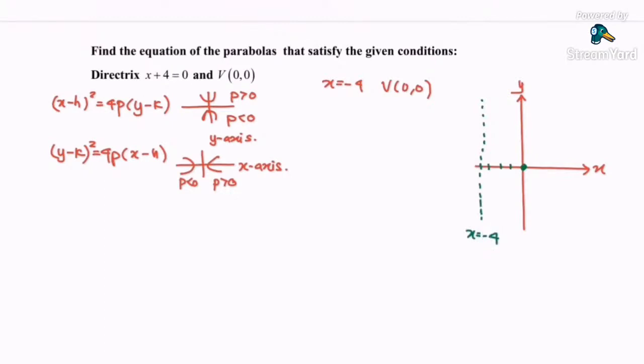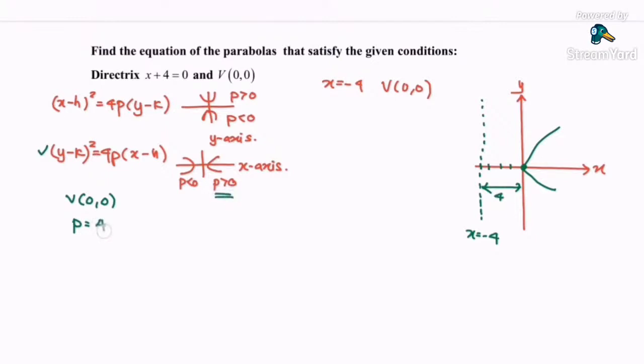So based on the situation, it is very obvious the graph will open towards the right. So here will be the situation with the vertex (0, 0) and then with the value p. Referring to the situation, the distance is 4 units, and if it opens right it means p is greater than 0.